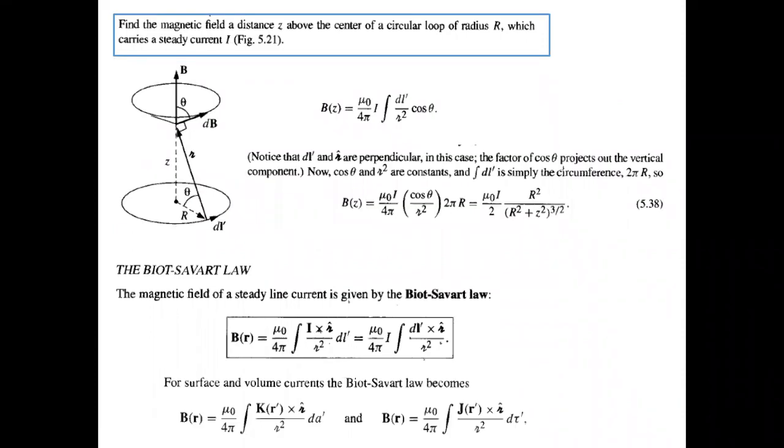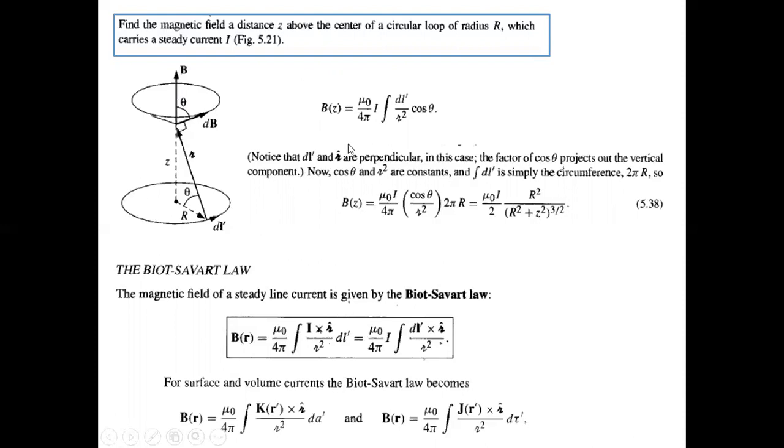Find the magnetic field in the next example at a distance z above the center of a circular loop of radius r, which carries a steady current I. So now we are considering this circle, at a distance z above the center of the circular loop of radius r with a current I. What would be the magnetic field here?